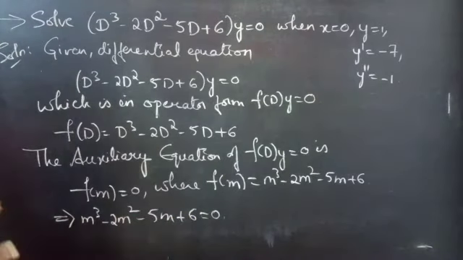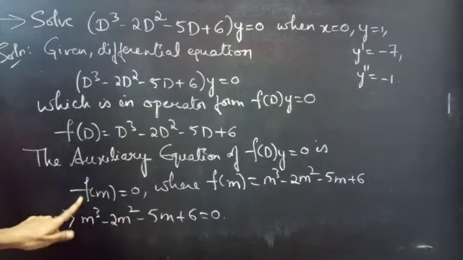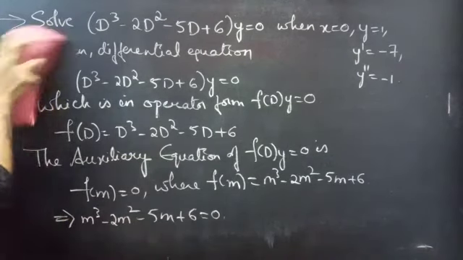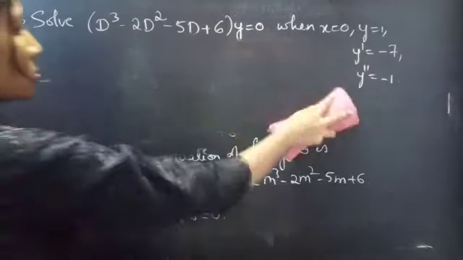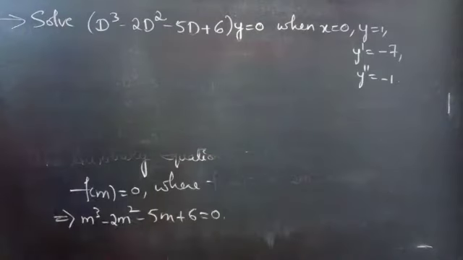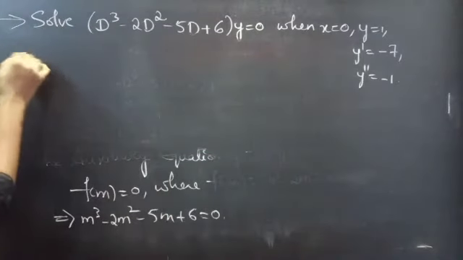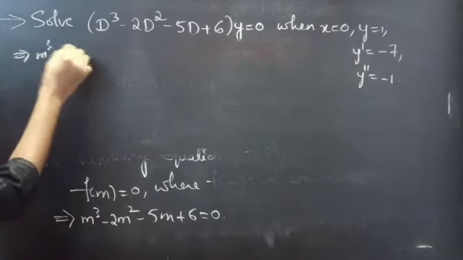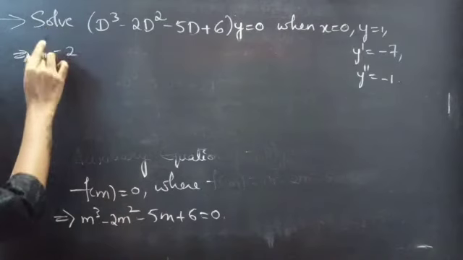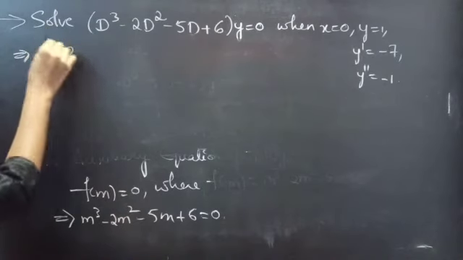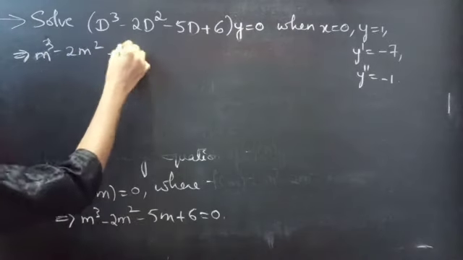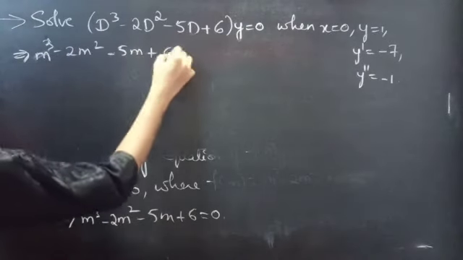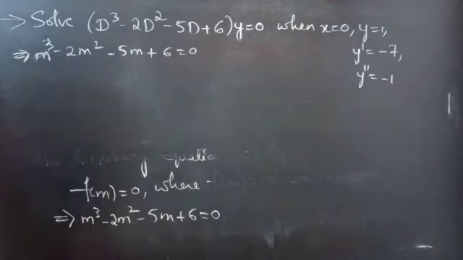Right? Now, we are going to find the roots of the auxiliary equation. Here we are going to use the synthetic division method. So, we have the auxiliary equation m cube minus 2m square minus 5m plus 6 equals 0, right?